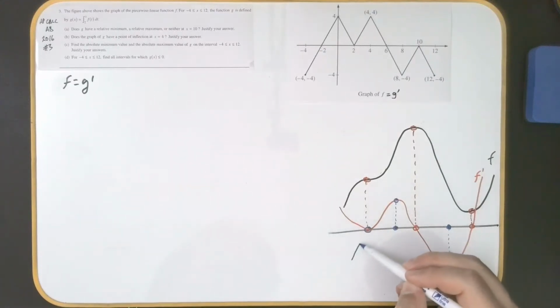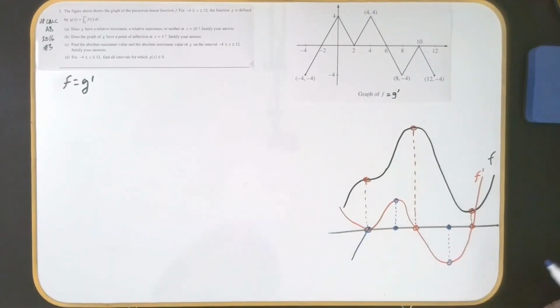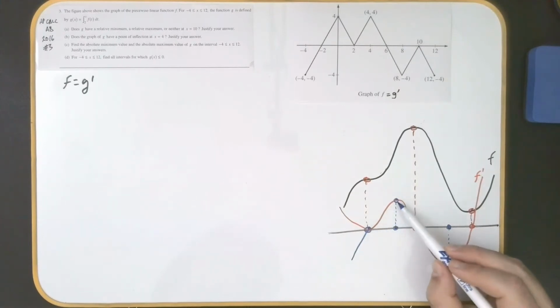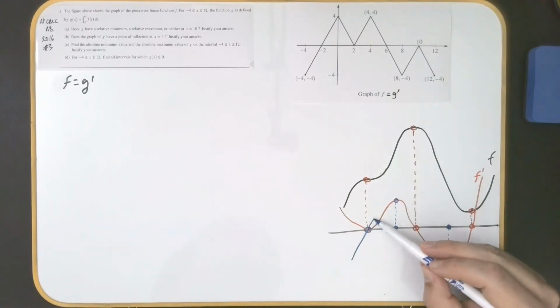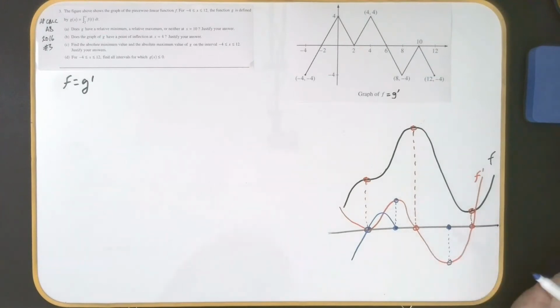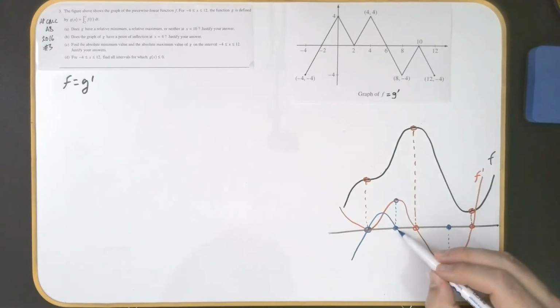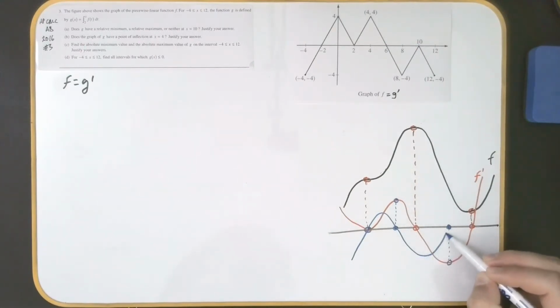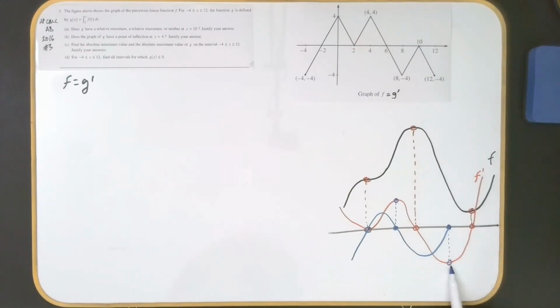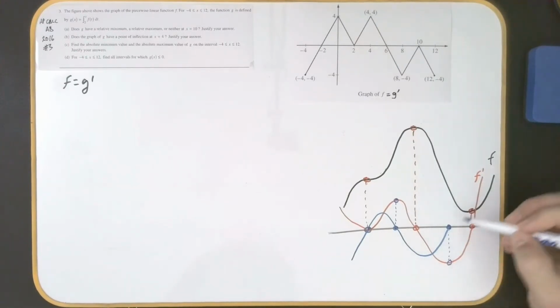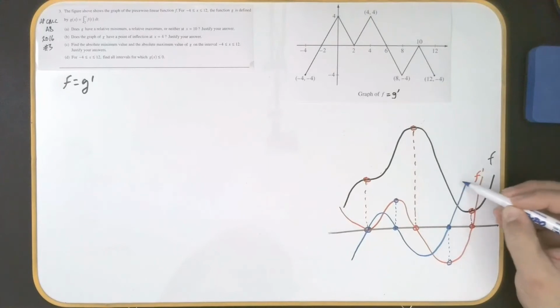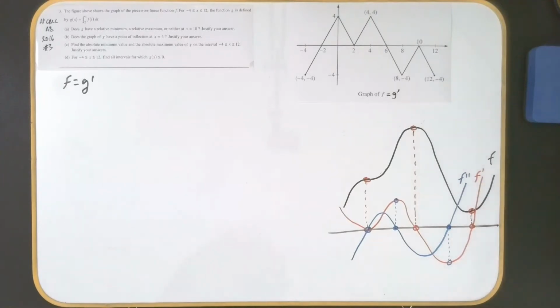Therefore, the graph of the derivative is negative. Here, the red function is increasing. So this has got to be positive, but still come back down to 0. The red function from this handcuff to this handcuff is decreasing. Therefore, the graph is negative. But I do have to get back to 0. And then from here, the red function is increasing the rest of the way. And that would be the second derivative.